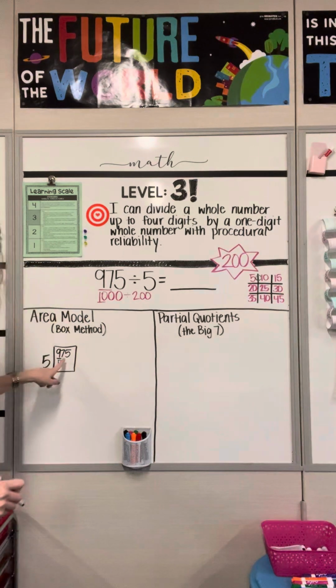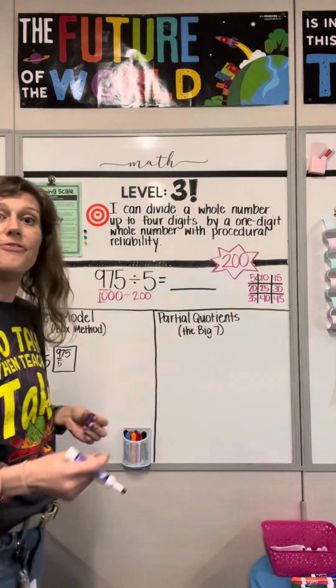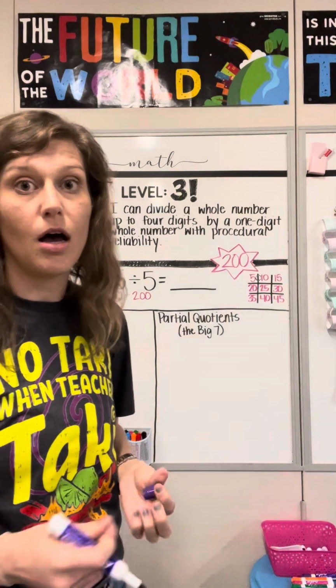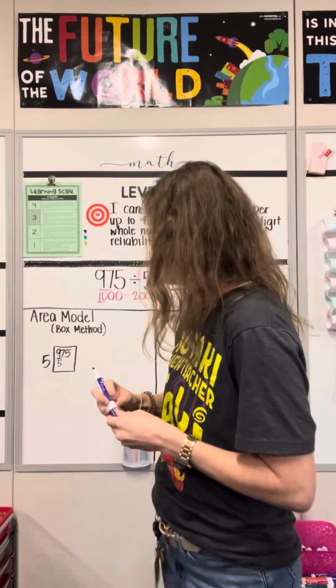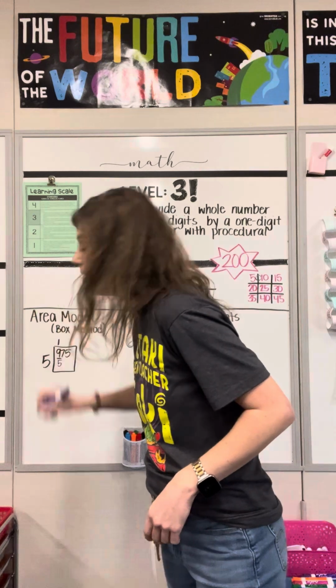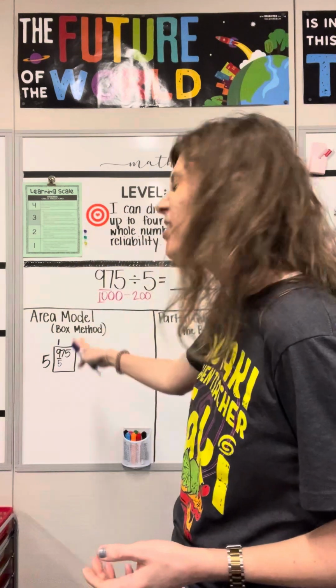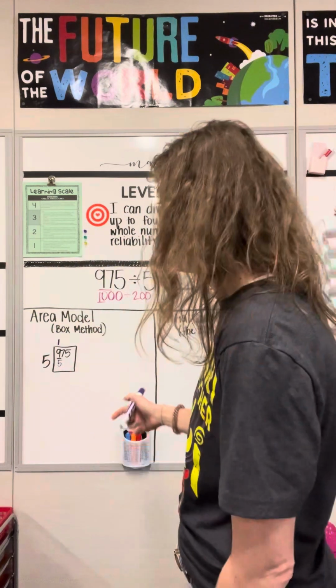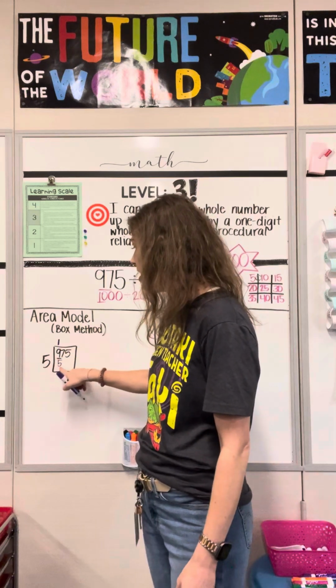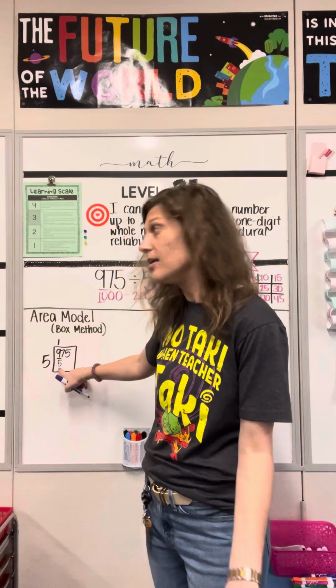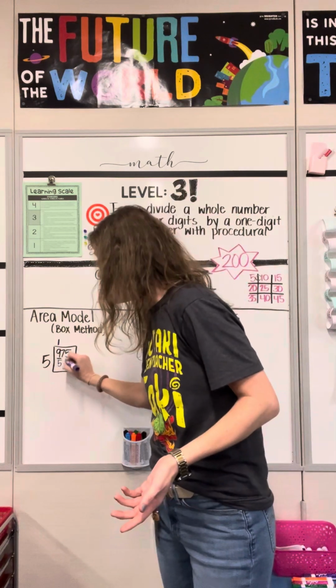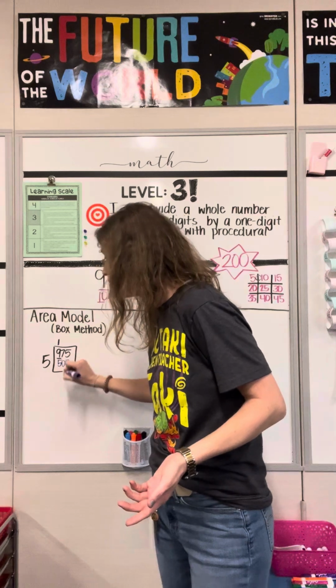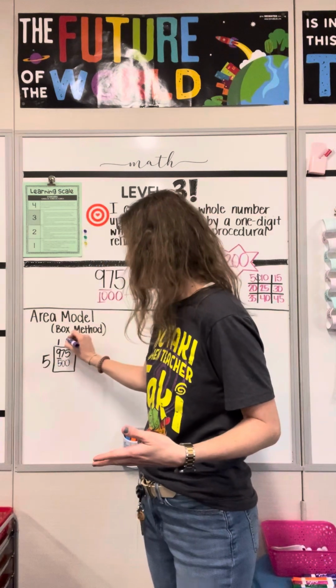So we have a 5 here. And the 5 is the first multiple of our 5. So we need to put a 1 on top of our box right where that 9 is, because that's what we were looking at. So when we do 1 times 5, we get 5. So we can already take 500 groups out by multiplying that 5 by 100.